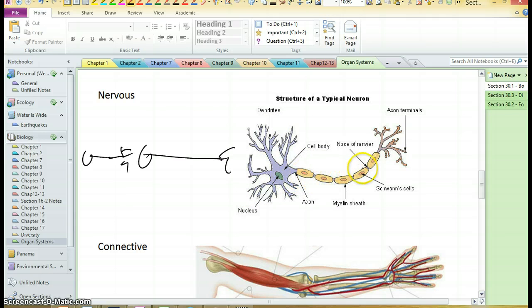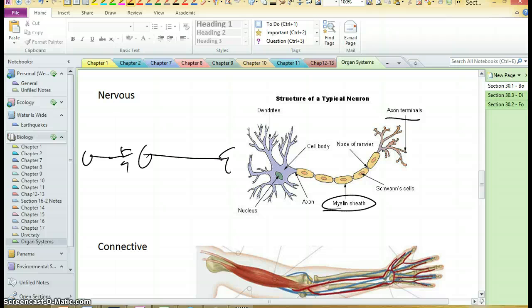Then you have this long, thin part called the axon. And at the end of it, it has branchings that form the axon terminals, which connect to other neurons. The axon is surrounded by this thing called the myelin sheath, which you can think of as equivalent to the plastic or rubber material that surrounds an electric wire, that insulates it, that keeps the electricity on the inside and keeps you from getting shocked.